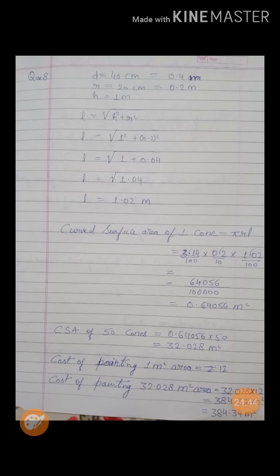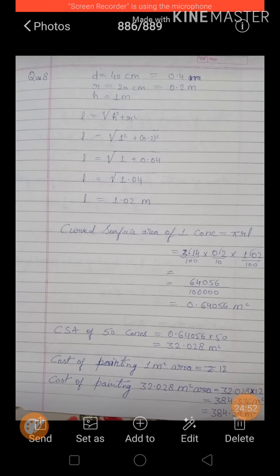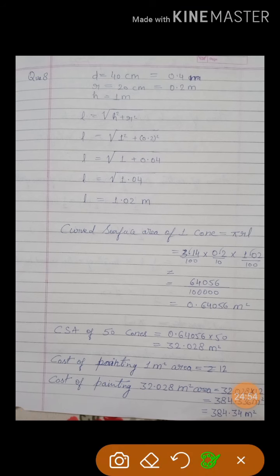So diameter we will convert into meter, 40 centimeter will be 0.4 meter. And then radius 20 centimeter will be 0.2 meter. Height is already given in meter, 1 meter. We shall paint on the curved surface area of the cone.